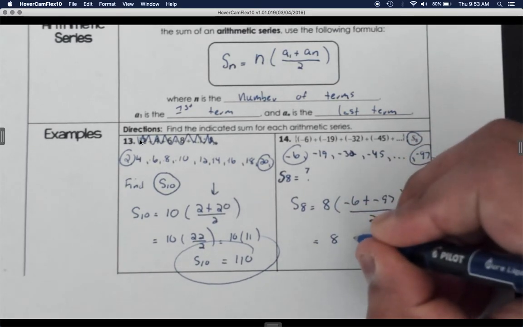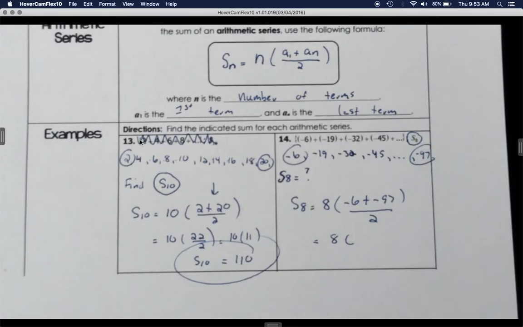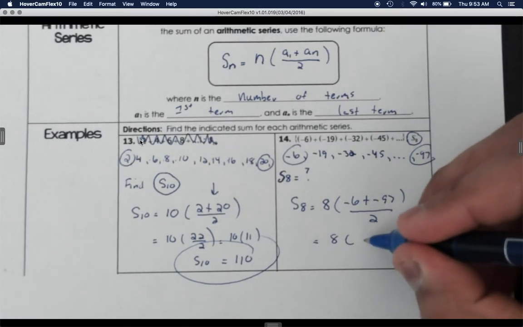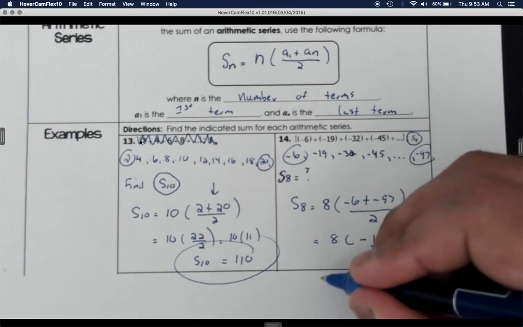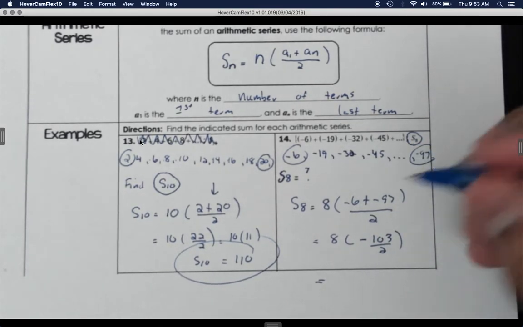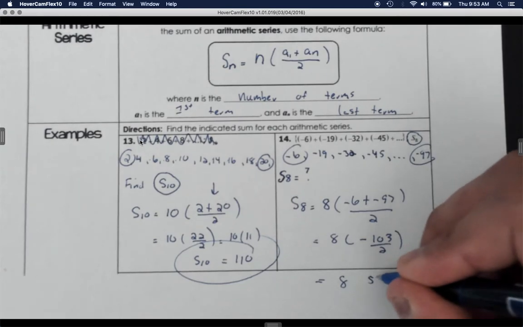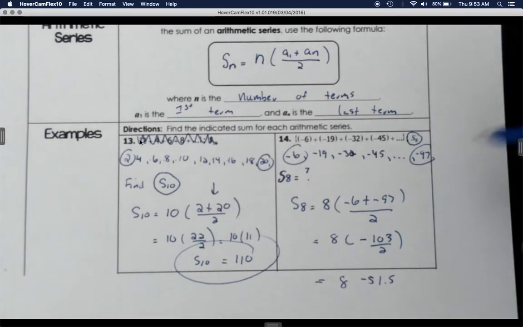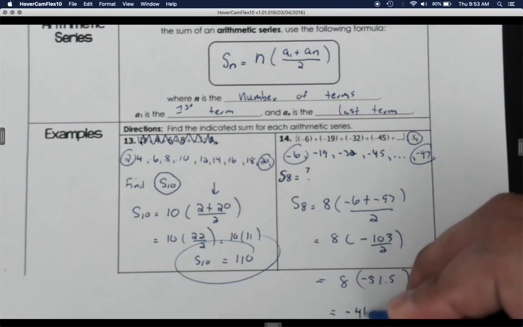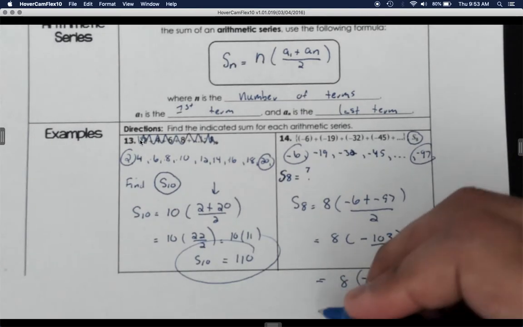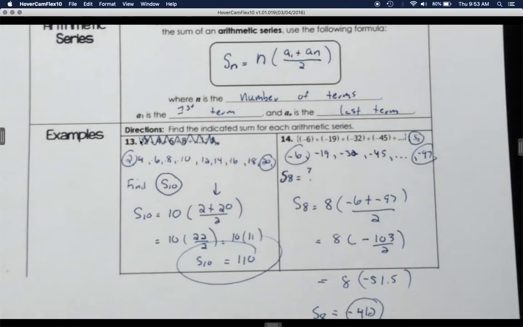This is still going to be 8 times negative 6 plus a negative 97, which is negative 103, divided by 2. 103 divided by 2 is going to be 51.5, a negative 51.5. Then 8 times negative 51.5 is going to equal negative 412. So the sum of the first 8 terms equals negative 412, and that is how you do that.